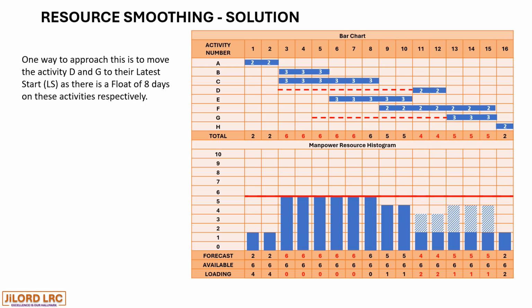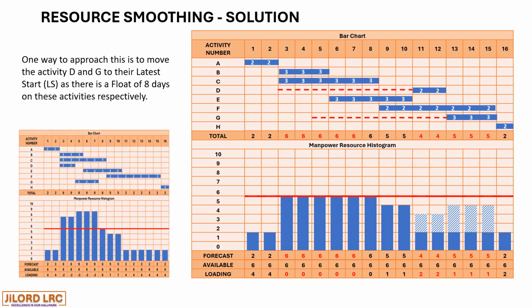So we have addressed the resources issue, and we don't need to import any resource for the resources that have earlier gone above 6 to work on the construction project.